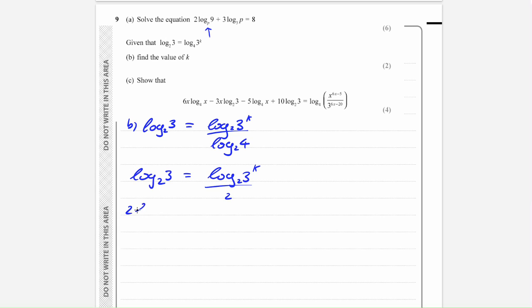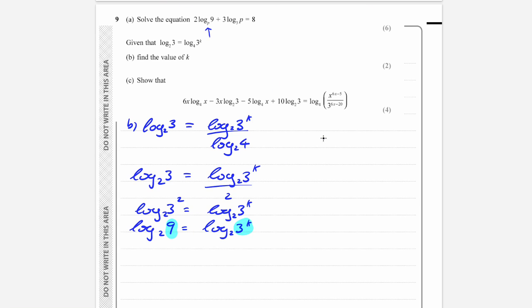This gives me 2 log 3 base 2 equals log 3 to the k base 2. And then I can put that 2 up here. I'll just do this, guys, to skip a step, which gives me log 9 base 2 equals log 3 to the k base 2. So that means that if the logs are the same, the bases are the same, then this 9 has to equal 3 to the k.